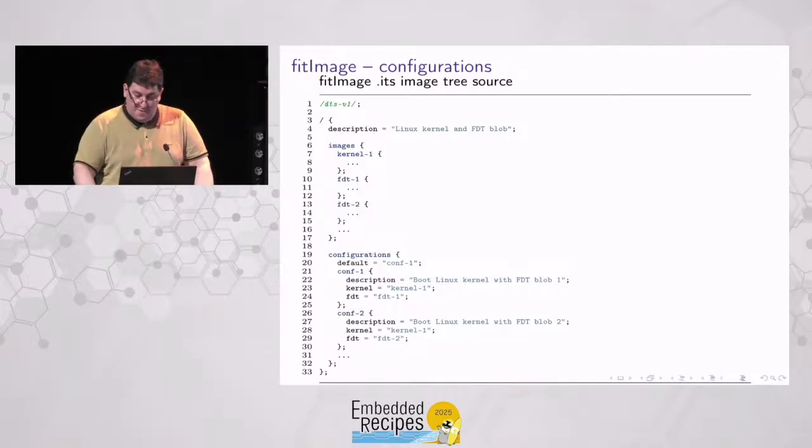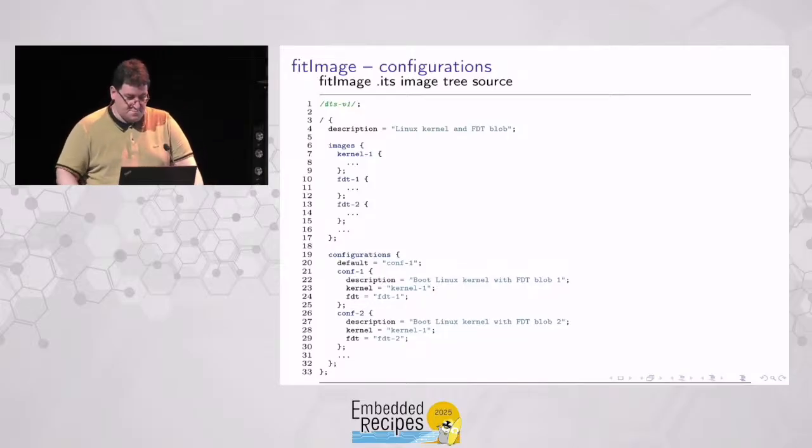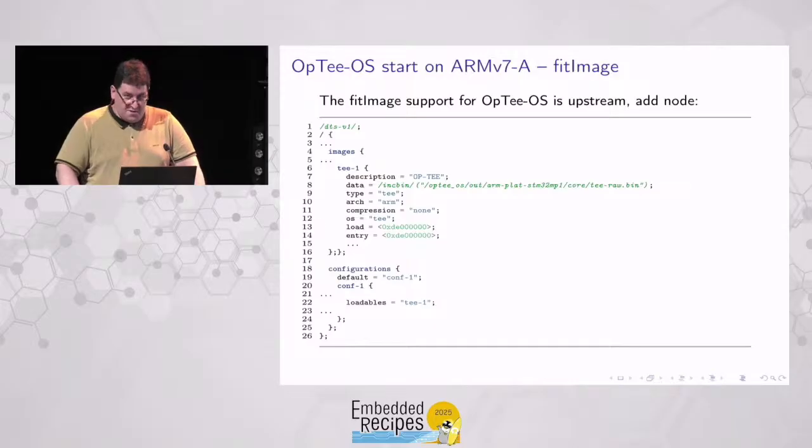And when this FIT image is assembled, it just produces a single file which U-Boot can boot. OpenEmbedded can generate FIT images for 10 years. U-Boot can handle them. The integration is already in place, so that's that. Luckily for me, the image type for OP-TEE is already in the FIT image, so U-Boot also knows that there is something like an image type tee.